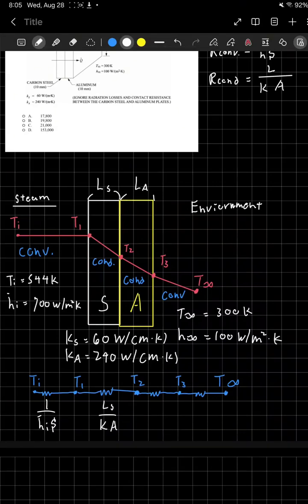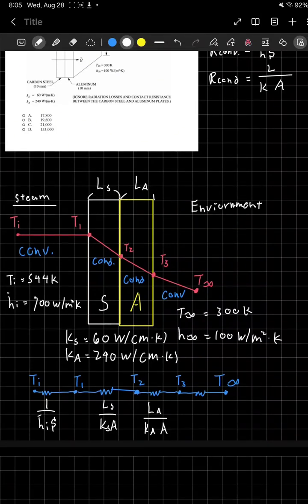For T2 to T3, it's also conductive, and it turns out to be the same length anyway, but I just want to be sure I'm labeling this correctly. This is Ks, the thermal conductivity of the carbon steel, Ka for aluminum, and A for the cross-sectional area. The last one is another convective heat transfer, h bar infinity times surface area.